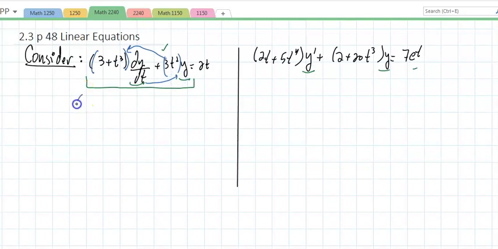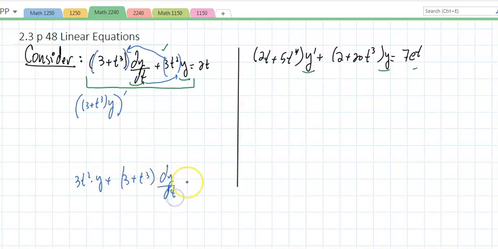Wouldn't you say that this is the product rule of the quantity 3 plus t cubed and y? If I was to take a derivative of this, wouldn't that be the derivative of the first, which is 3t squared, times y, plus 3 plus t cubed times the derivative of y, which is dy/dt?